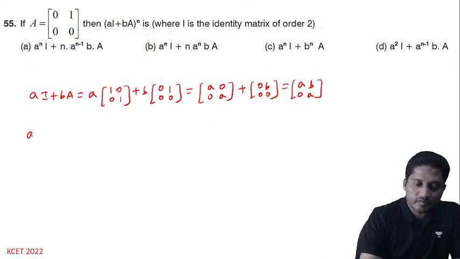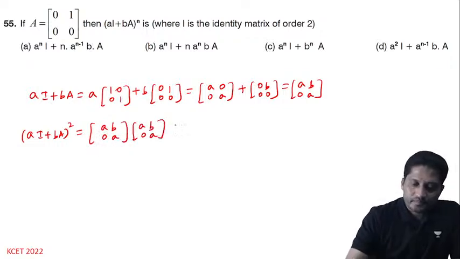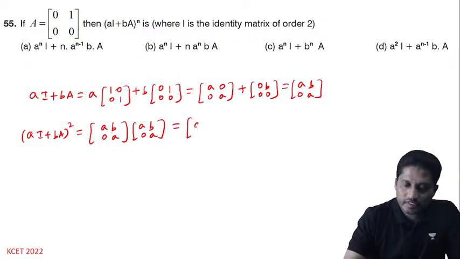Right, now if I take suppose AI plus BA the whole square, this is AB0A, this is AB0A. First row first column is A square plus 0. First row second column is AB plus AB is 2AB. Second row first column is 0.